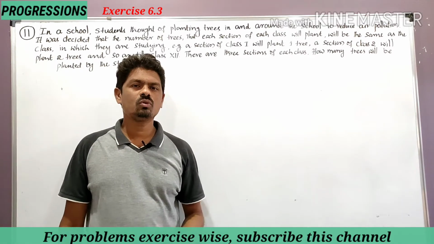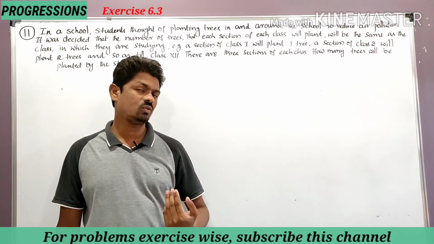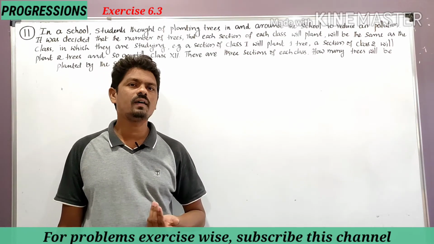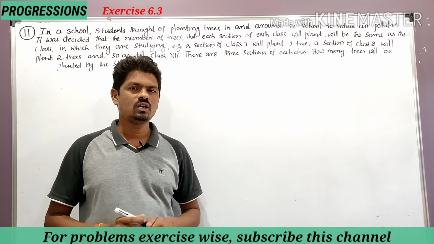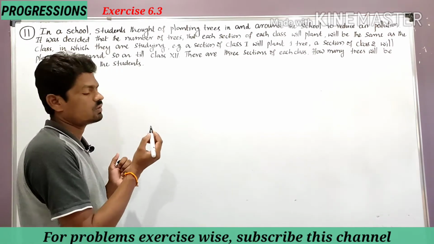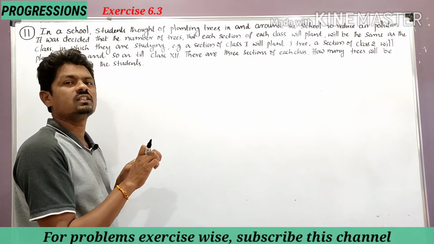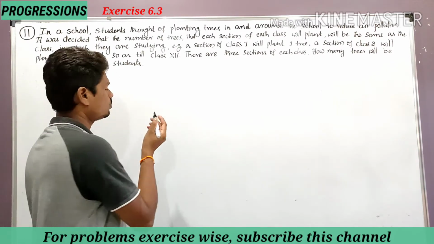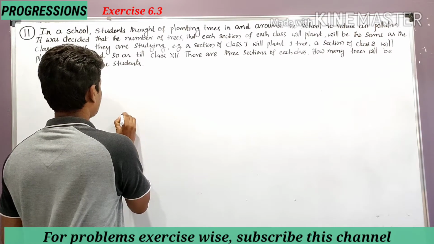So student, before going to solve the problem, we have to analyze what is given and what we have to find. This problem depends upon the sum of the n terms of an arithmetic progression. See here how we can solve. Students have decided to plant trees in the school and around the school, and it says there are 12 classes in the school.